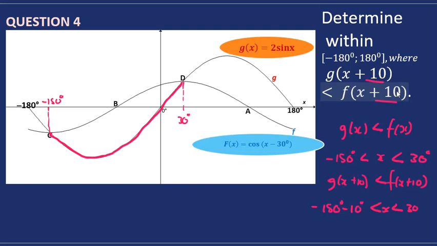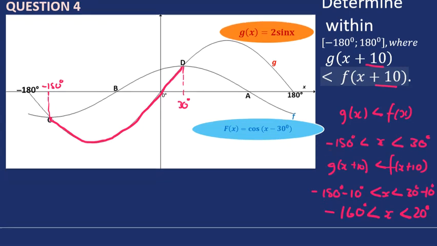And again, on the right hand side, let's minus the 10 degree shift. So the solution will be between negative 160 and 20 degrees.